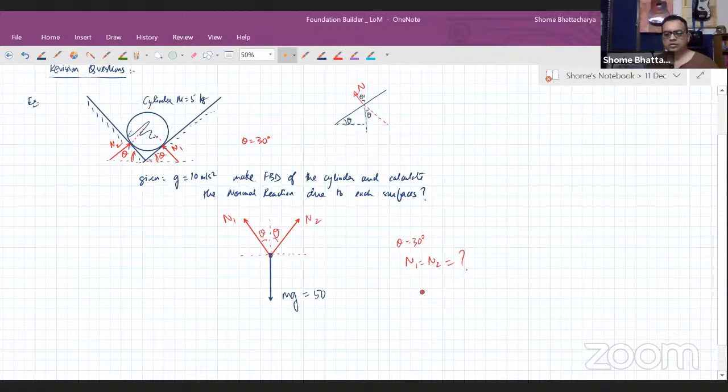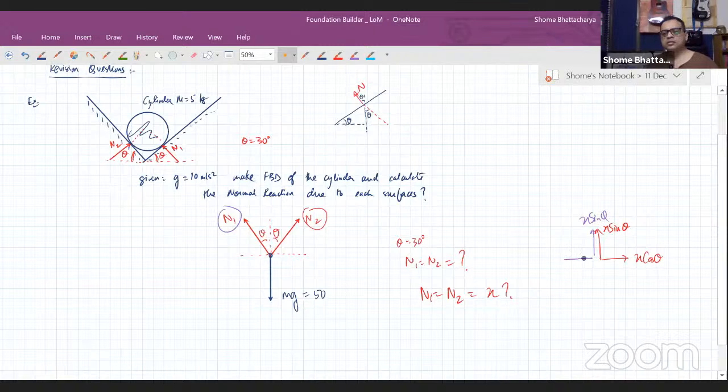So suppose N1 equal to N2 has some magnitude x which you want to find out. So resolve the two forces now. So N2 के components क्या हो जाएंगे? X cos theta, x sin theta, और N1 के components क्या हो जाएंगे? X sin theta and x cos theta. And the weight is mg downwards. So these two are anyway cancelling each other, and these two have to balance.